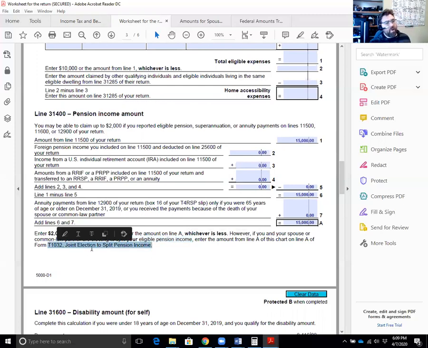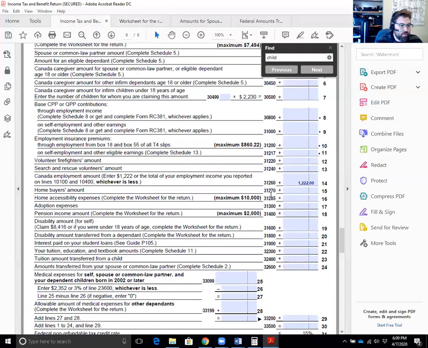Okay, I did this quite a bit for my clients. Actually, tax software has an optimization tool that optimizes this amount to reduce the couple's taxes to the minimum amount payable. But we're going to ignore that because the question tells us to. So we're going to put $2,000 on line 31400 for tax return. 31400, 2000.